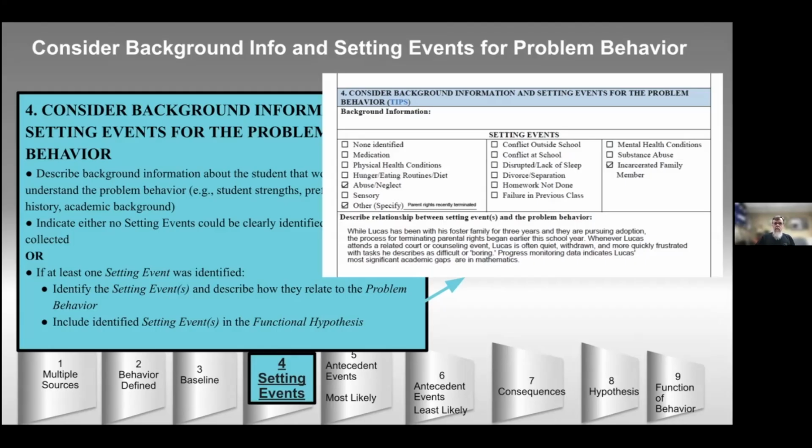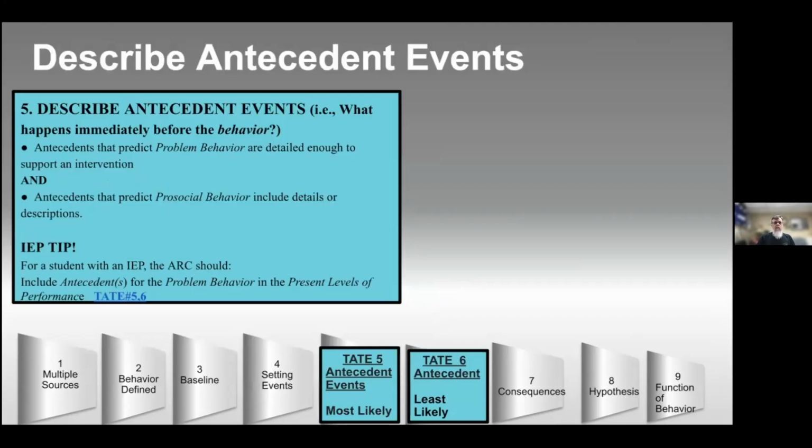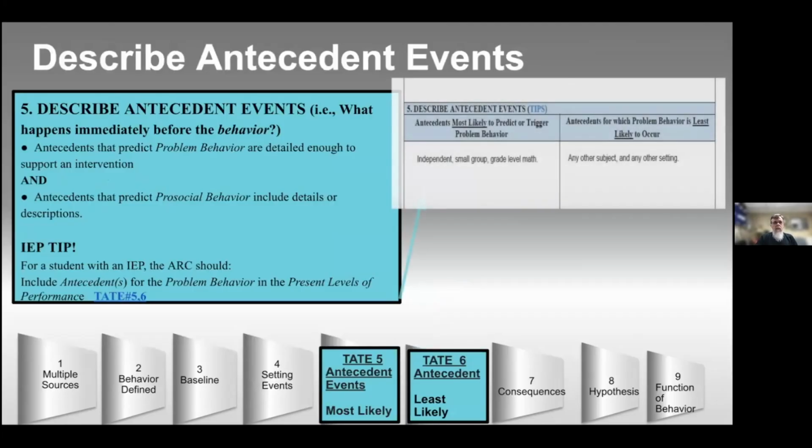So look at those setting events, look at what's going on outside of the classroom besides the immediate environment that you're in. The immediate environment that you're in is kind of to be looked at as an antecedent event. So antecedents are what happens immediately before the unwanted or inappropriate behavior, and what can we do to address that?